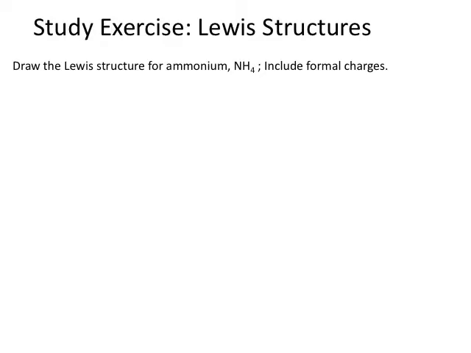This problem is 9-6, and let's make a correction here. This should be NH4 plus, okay? So include that the ammonium has a plus charge. So we're going to draw this skeletal structure.